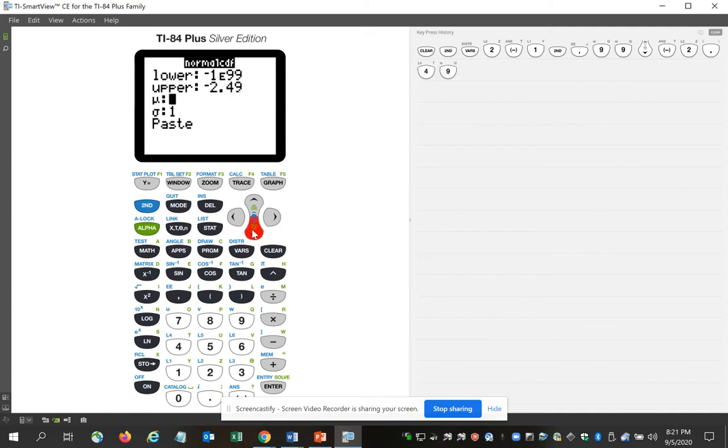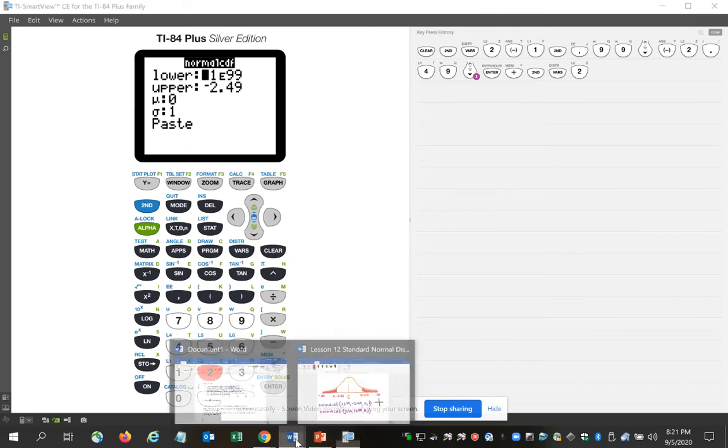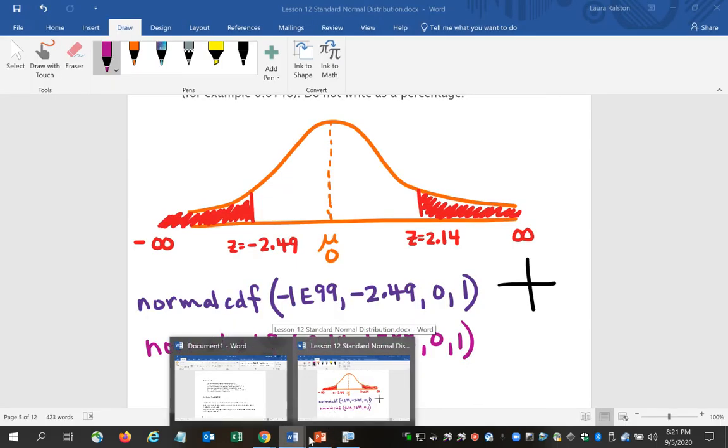Mean is 0, standard deviation is 1. We paste, then we add second, vars, normal CDF, and let me double check the number, 2.14.